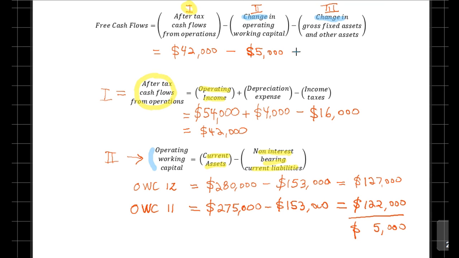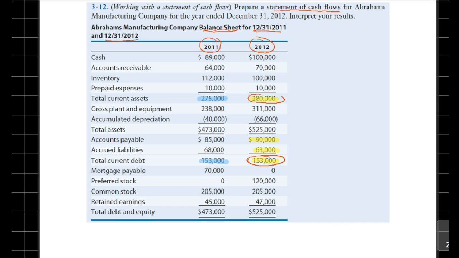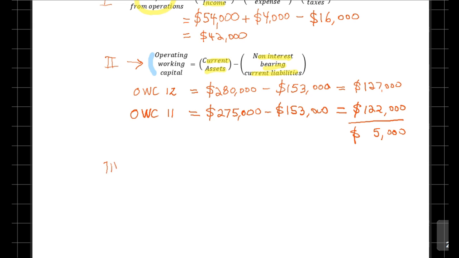In the final step, we need the change in gross fixed assets. Going back to our balance sheet, we realize that gross fixed assets were $311,000 in the most current year, whereas it was only $238,000 in the previous year. So the difference should give us the change in gross fixed assets. 311 minus 238. That would be the third part.